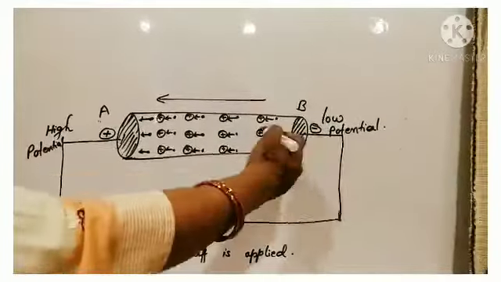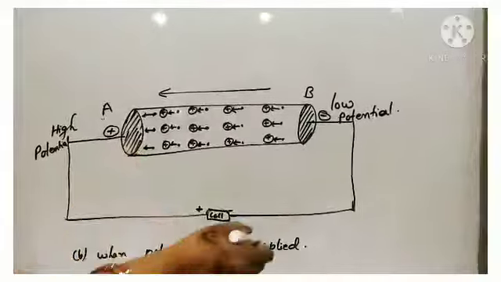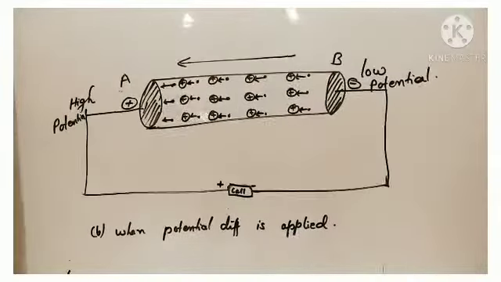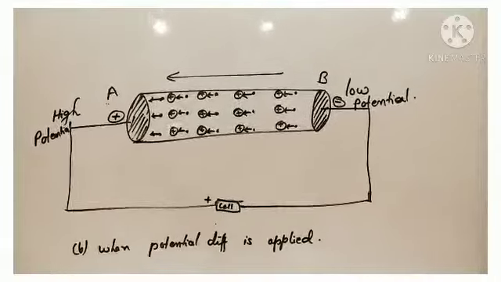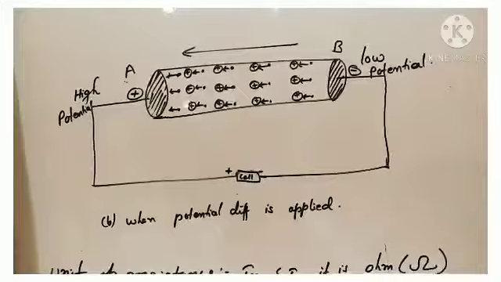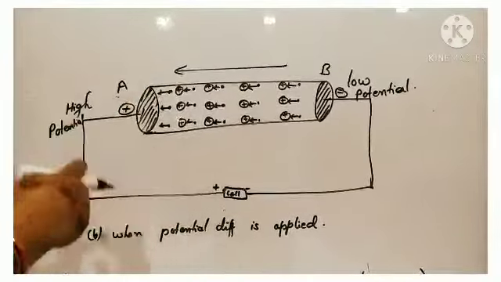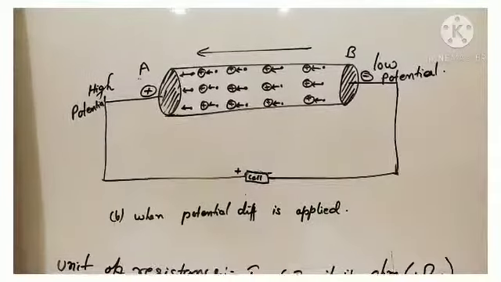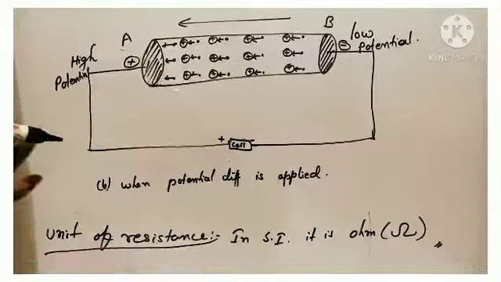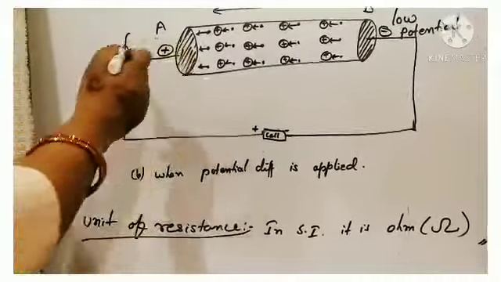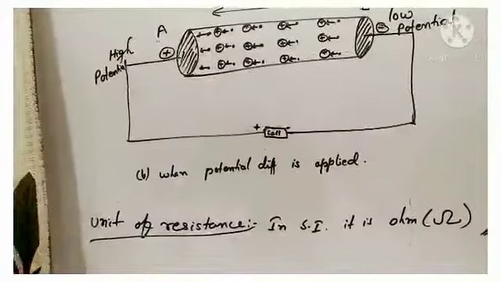Again they gain speed from the low potential region, and this process continues. Again they are accelerated towards the positive terminal due to the potential difference, so their speed increases, and then in collision with the positive ions their speed decreases. This process continues. As a result, the electrons do not move in bulk with a continuously increasing speed, but there is a drift of electrons towards the positive terminal. Thus, a metal wire offers some resistance to the flow of electrons through it.